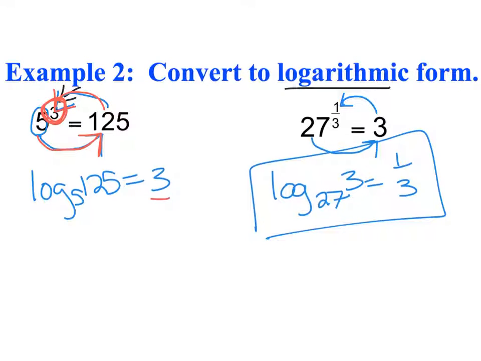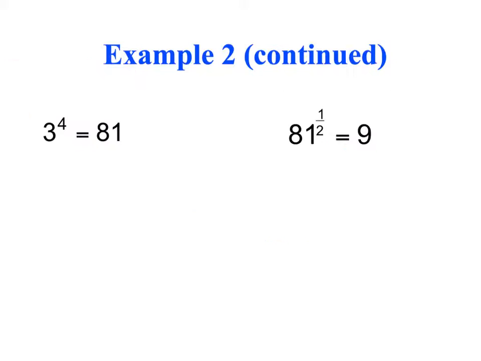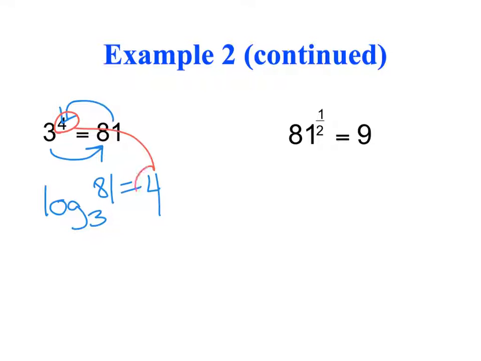So that's my answer, and this was my answer. Here, still going to a log, so log base 3 of 81 equals, my exponent is 4, remember? Your exponent always becomes what you're equal to over here.